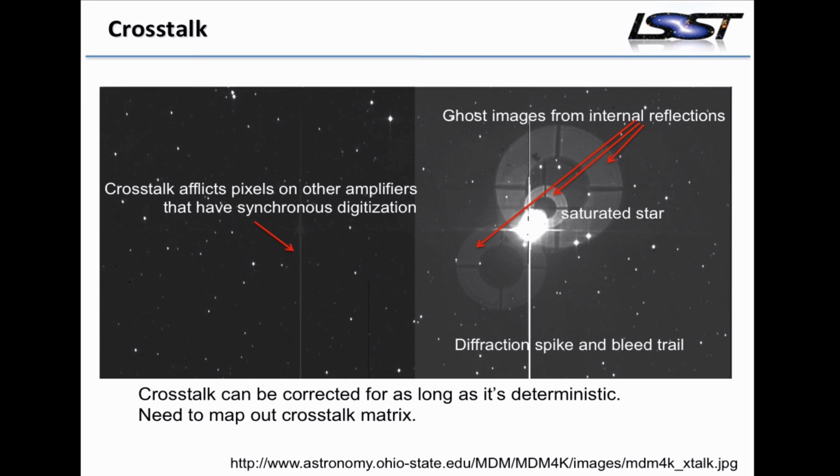Okay? That's a consequence of pixels that are read out synchronously crosstalking to each other. And so anytime you see a bright source on one side and a ghost image on the other side at pixels that were read out at the same time, that's the signature of analog crosstalk.